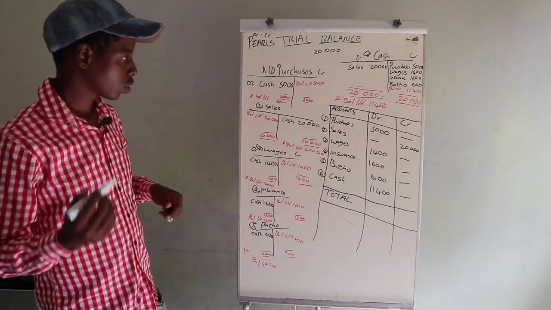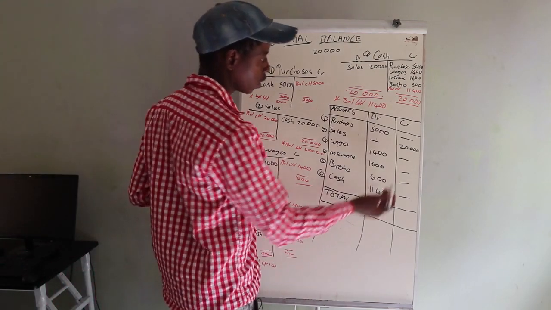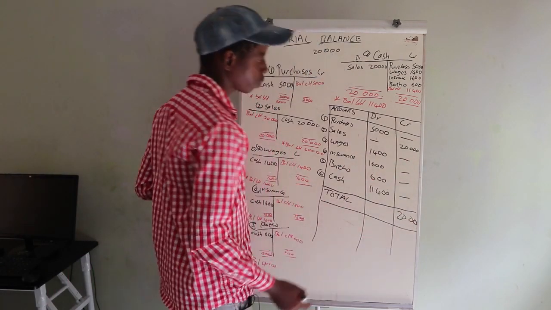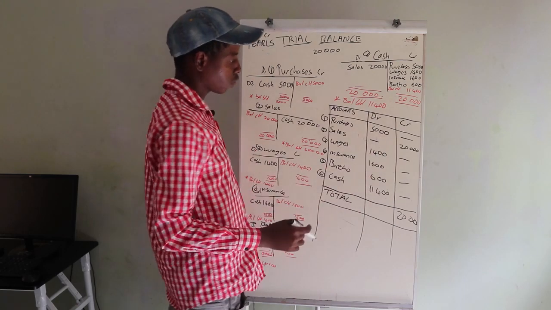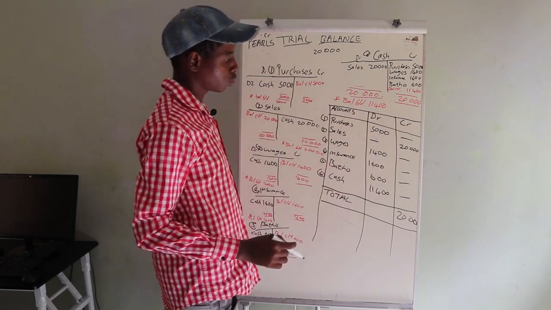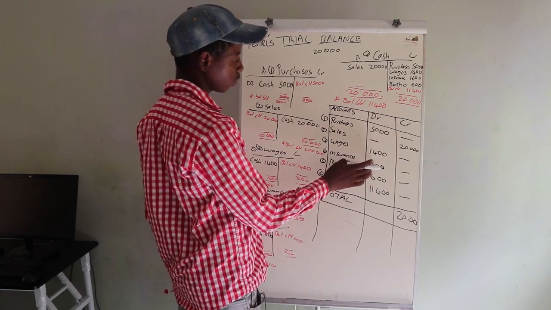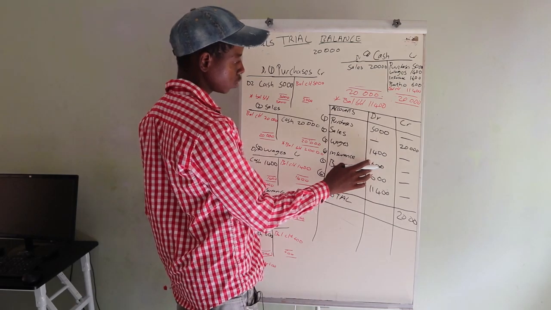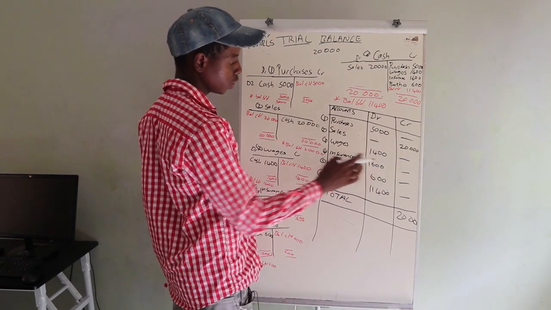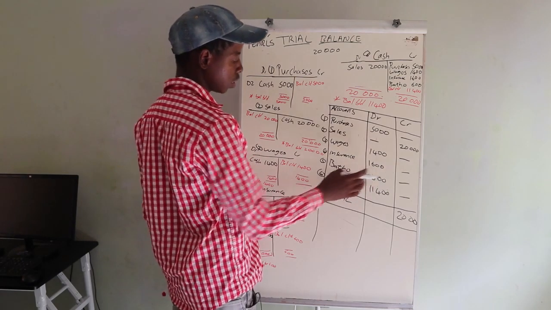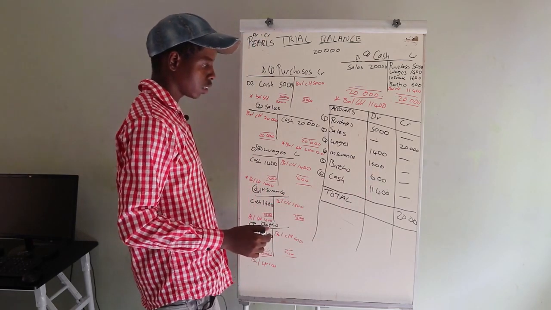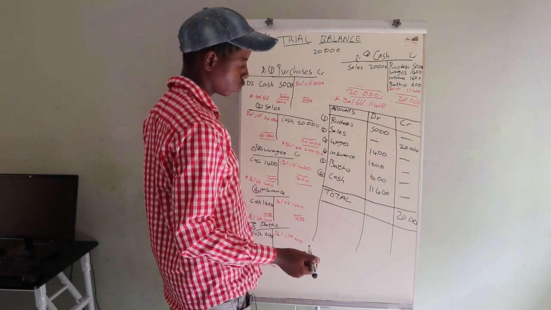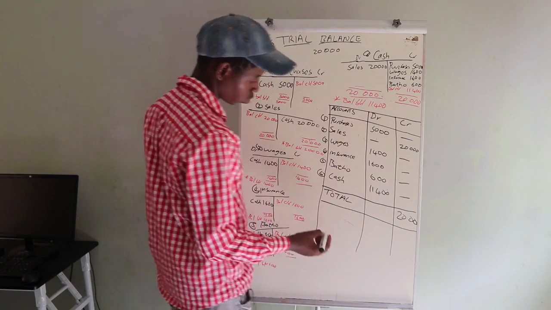So let's add this together. Since 20,000 is only here, we know that is 20,000. 5,000 plus 1.4 is 6.4, right? 6.4. This will be 8,000, 8.6, right? 8.6 plus this is going to give us 20,000.